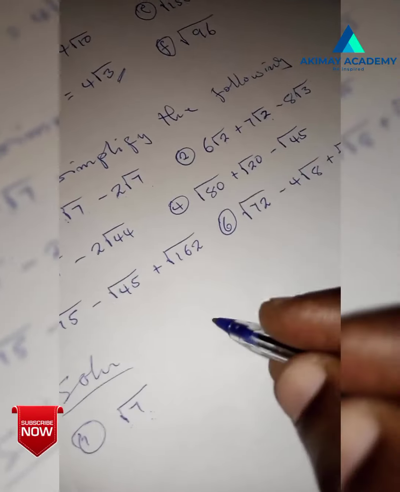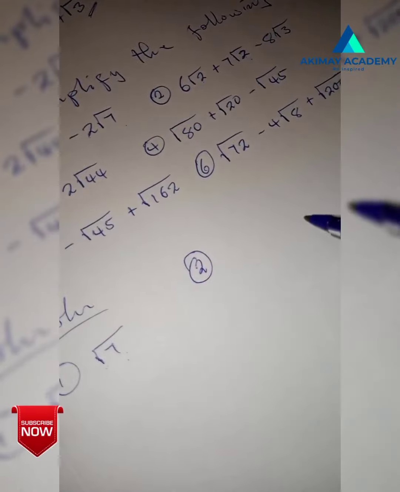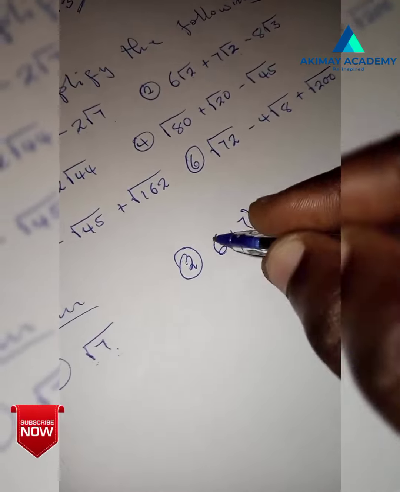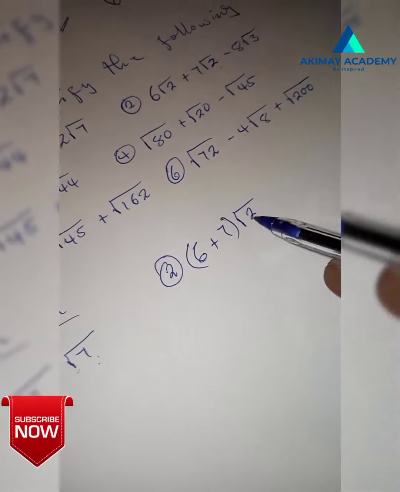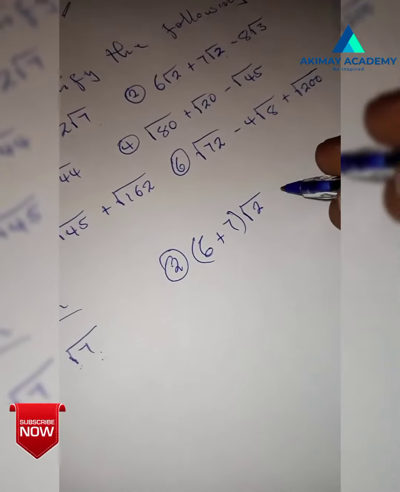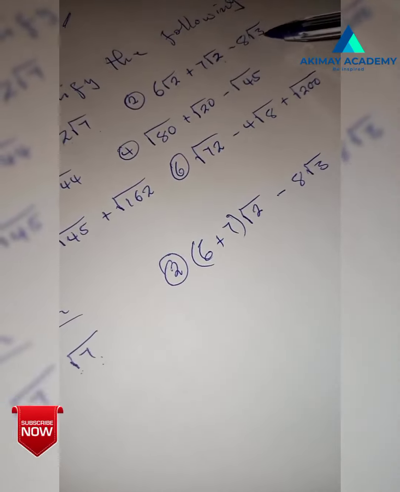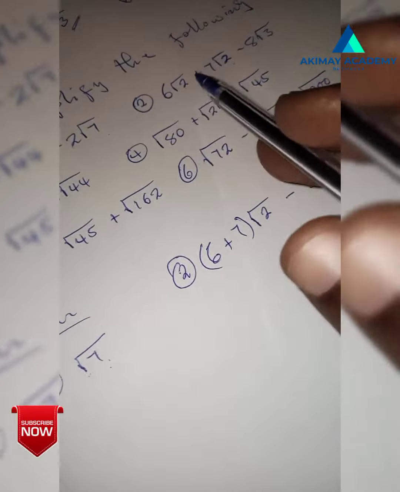So for example 2, we are going to have 6 plus 7 root 2. We add them and take one of the roots because they are the same, minus 8 root 3, because 3 is different from those over here.